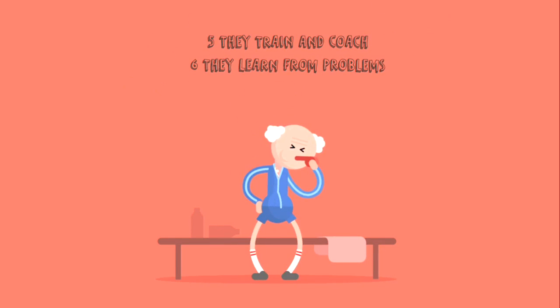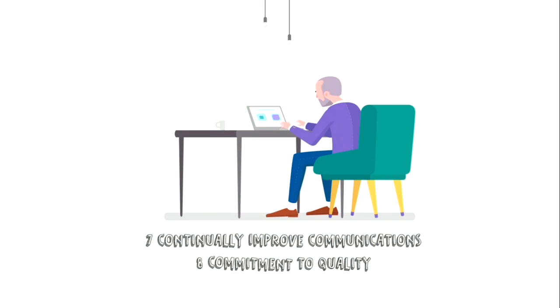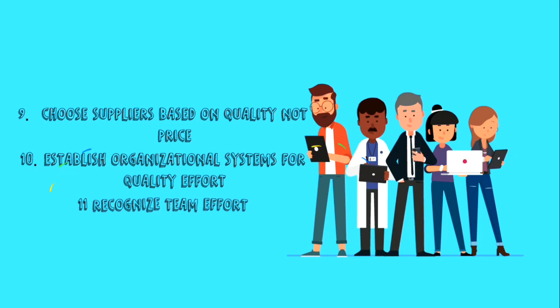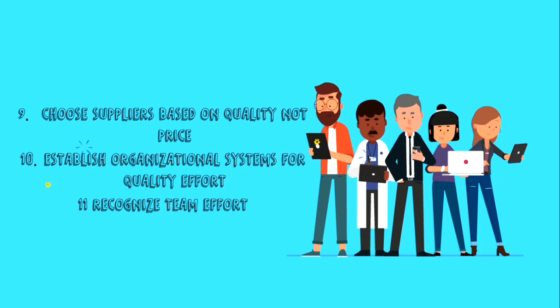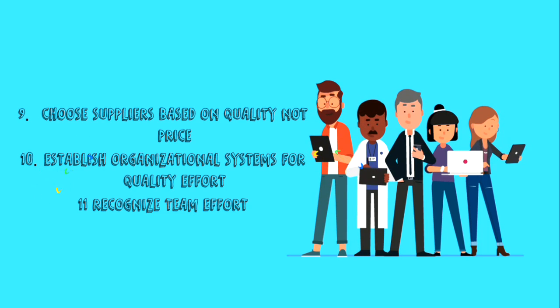They train and coach. They learn from problems. Continually improve communications, commitment to quality. Choose suppliers based on quality and not price. Establish organizational systems for quality effort. And lastly, recognize team efforts.